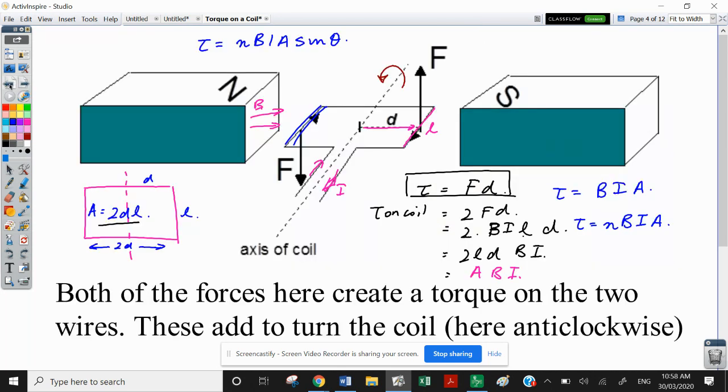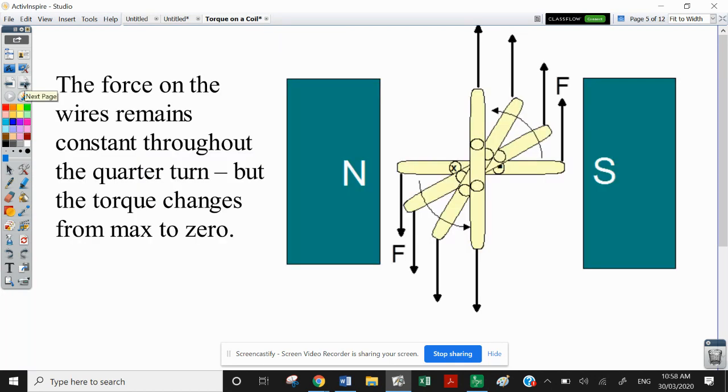So as we just said before, this is forced up and this is forced down. This coil is going to rotate in that direction. Because the motor effect is F equals BIL, I'll just say sine theta.